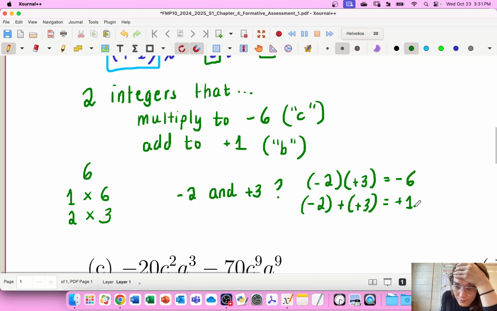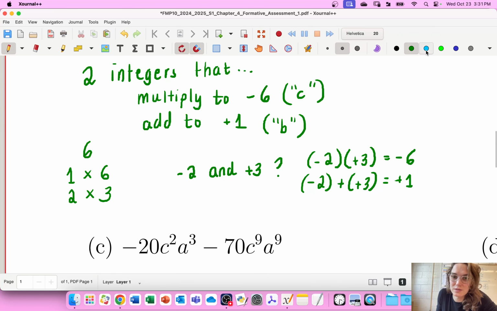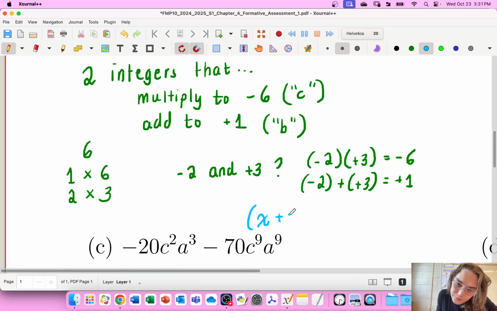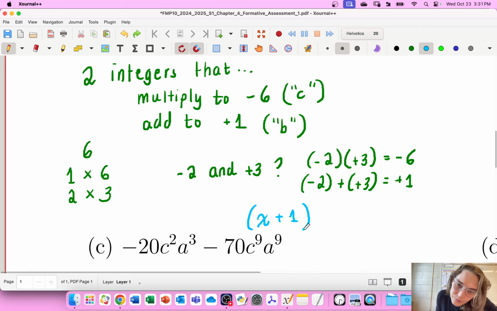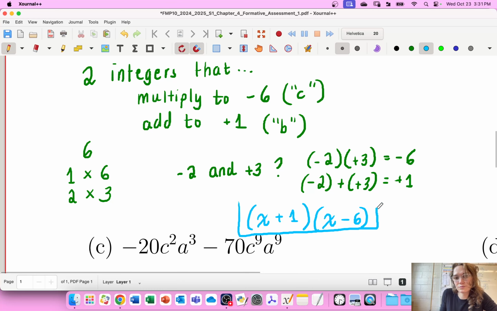So that meets our requirements. And so we can just slot those in. Perfect.